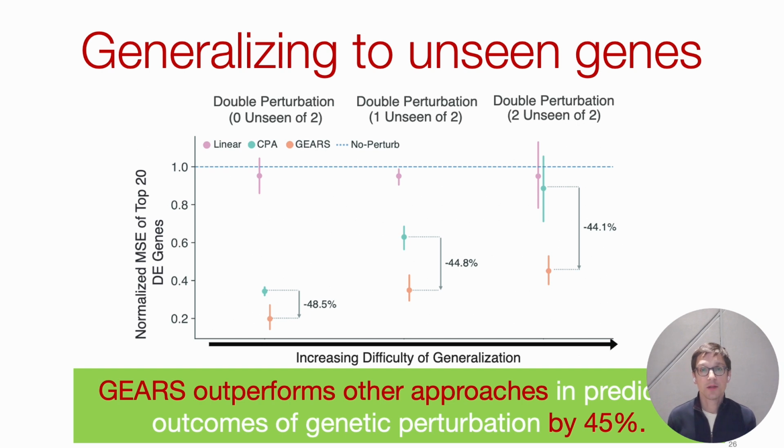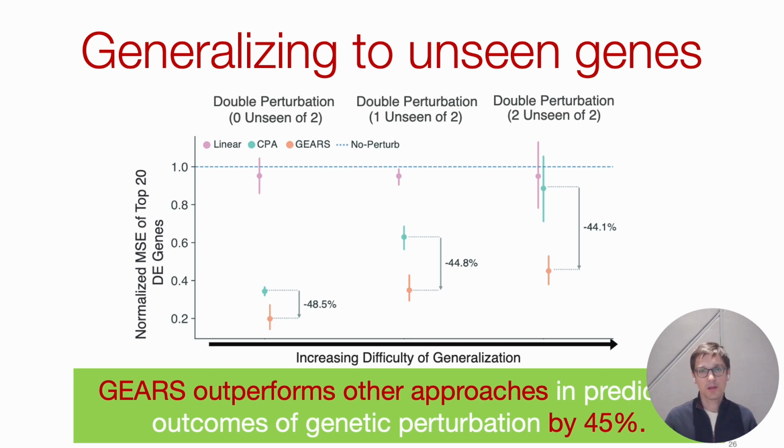An amazing ability of GEARS is that it can generalize its predictions even to genes it has never seen before. What we are showing here is, for example, on the left, during training, the model has never seen any cell with either of the two genes that we will be perturbing at test time. And you see that, of course, the performance increases from left to right because the model sees more information.